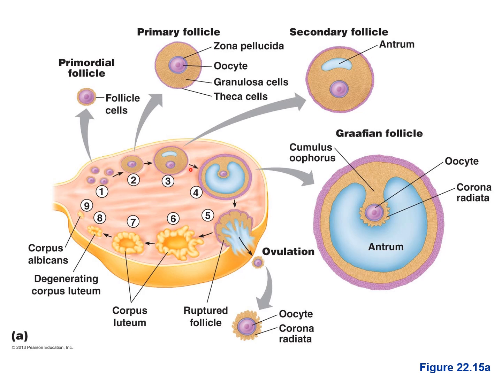And then the one that keeps developing will grow, and then ovulation will occur, and the egg will get released into the fallopian tube. Where the egg was, what remains of that follicle in the ovary develops into what's called the corpus luteum.